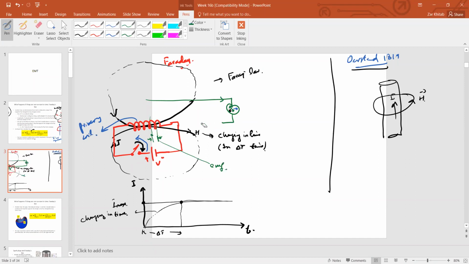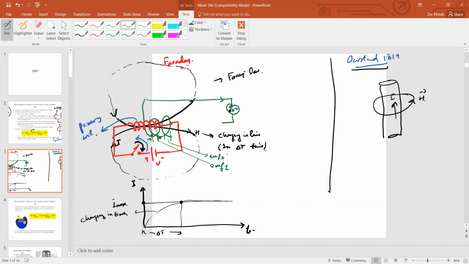Then what Faraday did next, instead of a single loop like this, he placed another loop here, and he saw that another EMF2 is produced here.